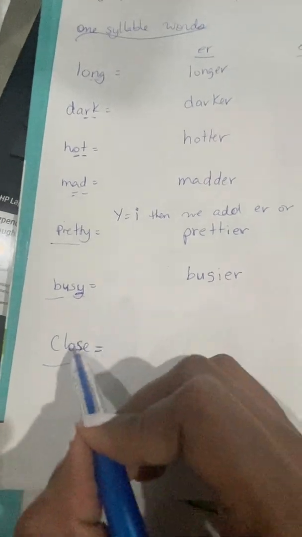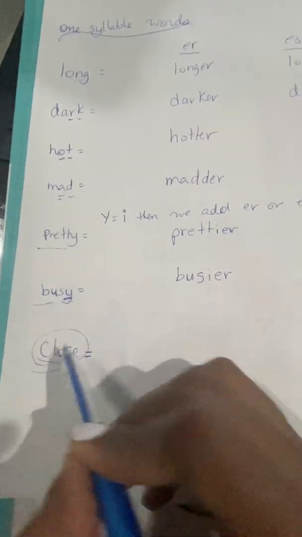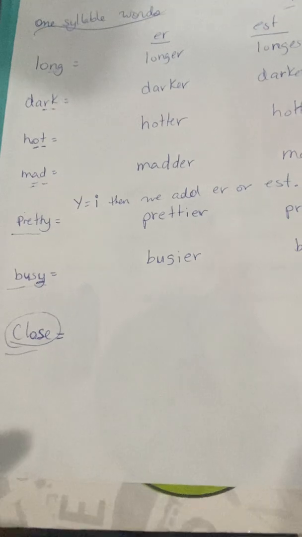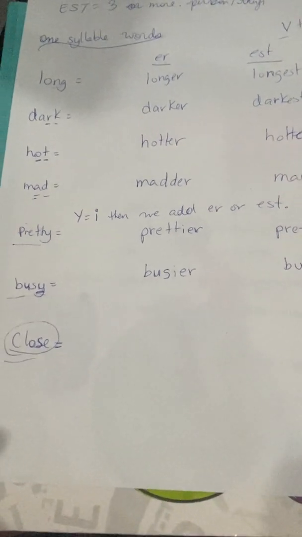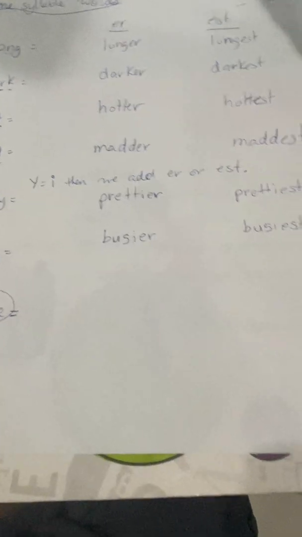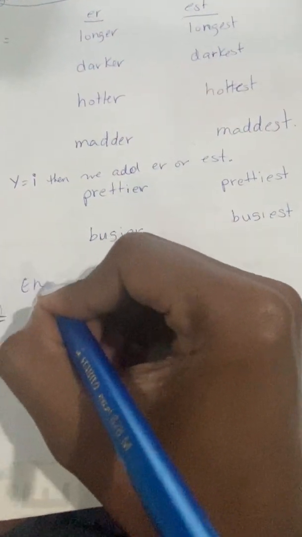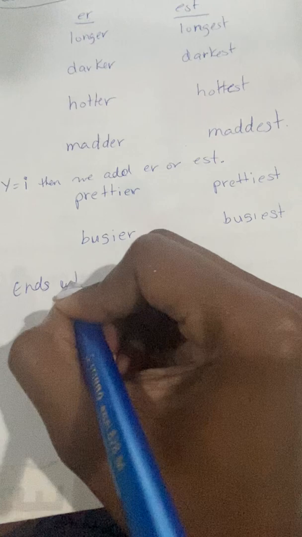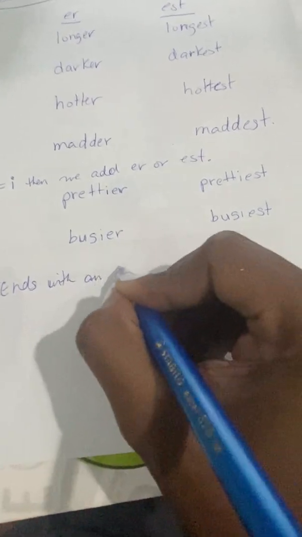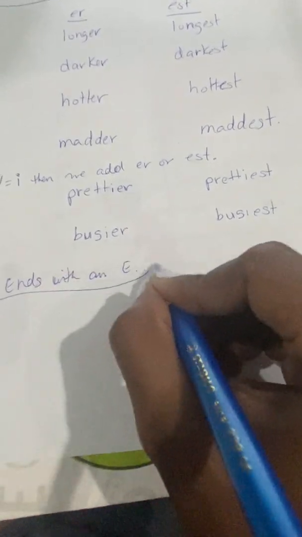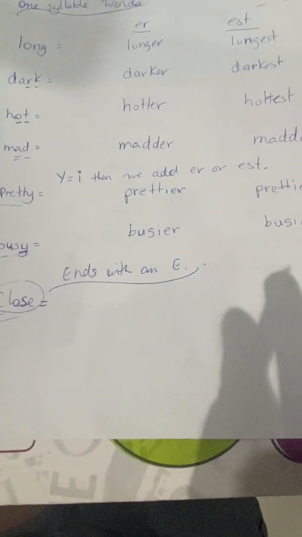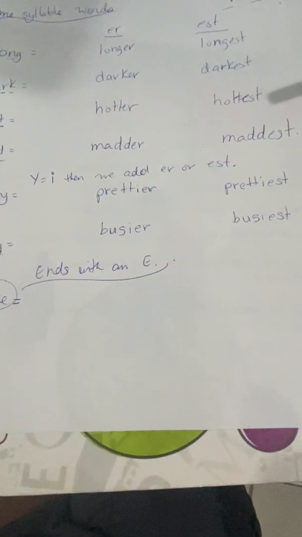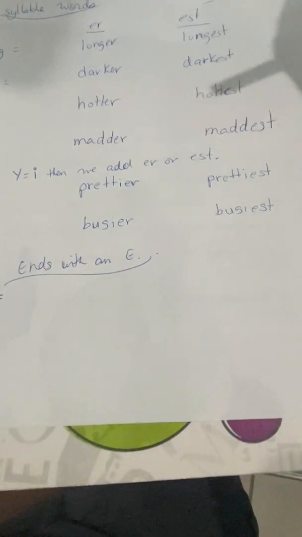Okay, and then we have another word here that follows a slightly different rule. If the word ends with an E, all we've got to do is add R or ST. The E is already there.